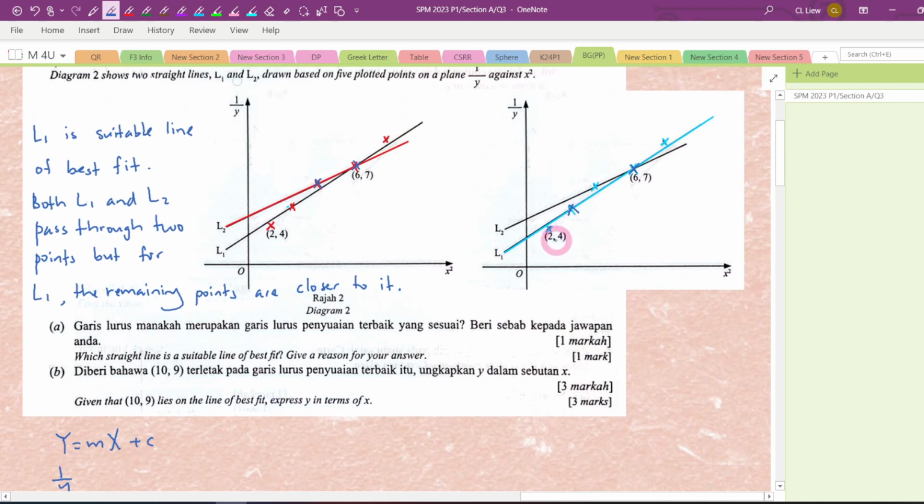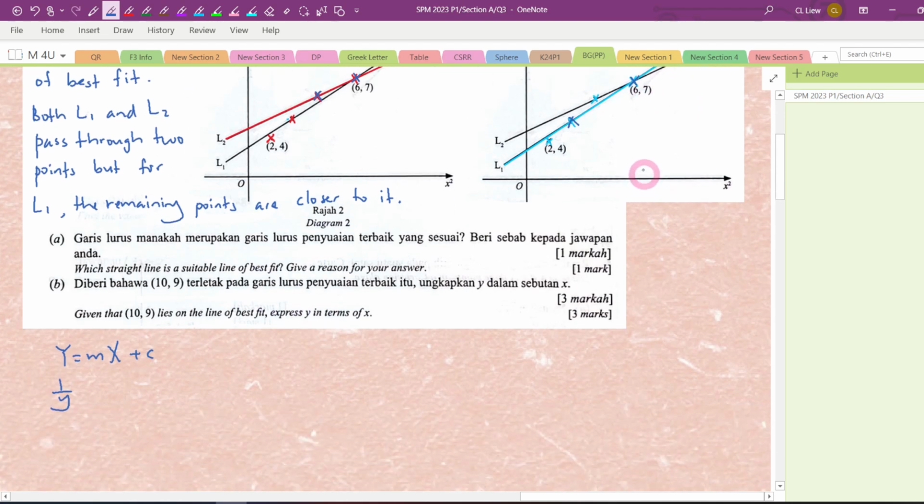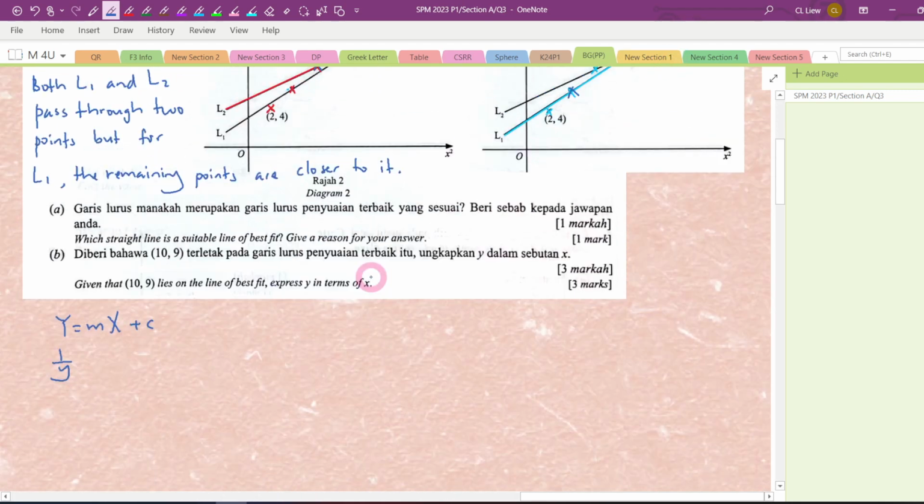So m is the gradient of this straight line. We cannot use (2, 4) because (2, 4) is not on the line. So we can use (6, 7) and another point, (10, 9). Given by the question, (10, 9) is on this straight line. Since these 2 points are on this line of best fit, we can use them to help us find the gradient of this line.